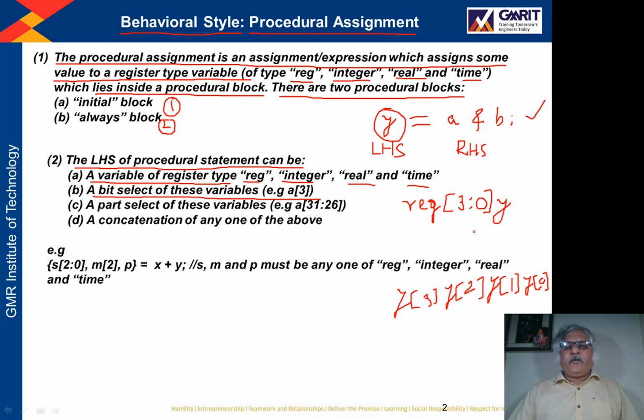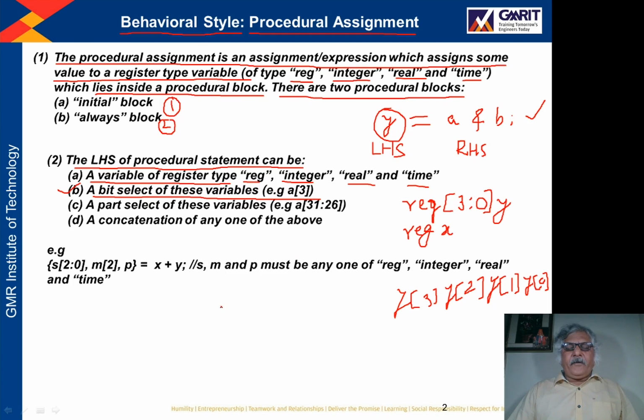And let us assume we have declared another reg type which is a scalar type, let us say x. So the meaning of this B part is the bit select of these variables.